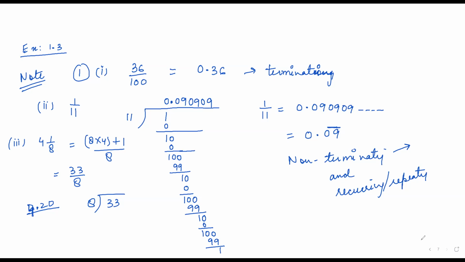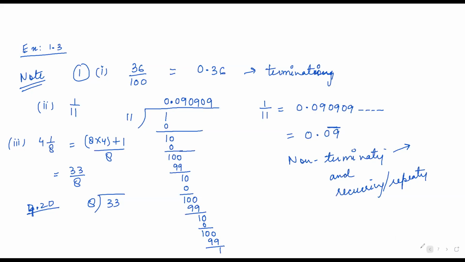See, this kind of speed will not work in the exam. I'm telling you, people, please practice more and more questions to improve your speed of calculation and also the accuracy. Now, what was the question? 33 by 8.